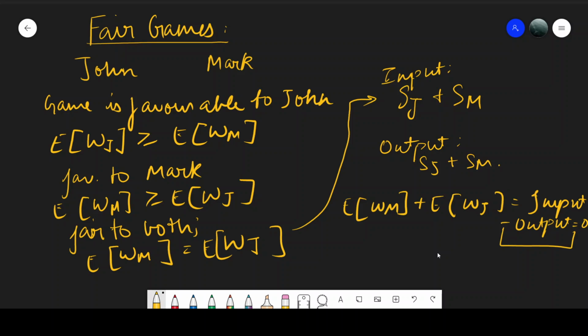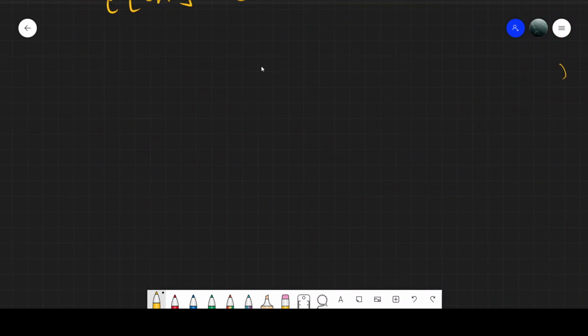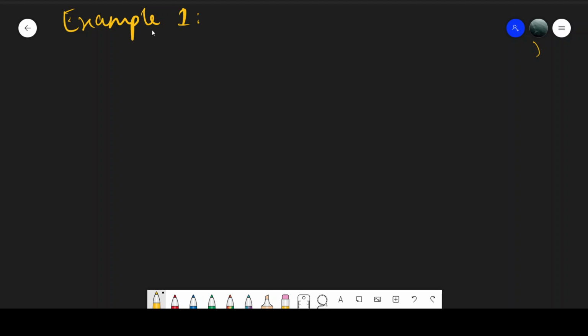Now let's look at this with an example. Let's drive home this theory with an example. I'll take two examples, in fact. Example one: let's say they're playing a betting game. If heads turns up, John wins, and if tails turns up, Mark wins. They both bet $5 each.